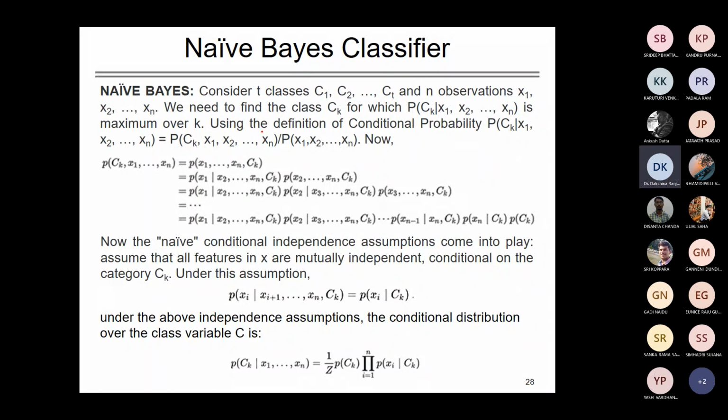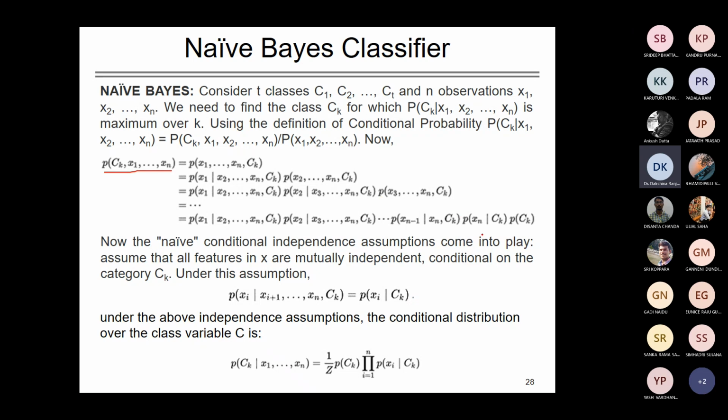Using the definition of conditional probability, we can write this conditional probability in terms of marginal probabilities. Here we will get the individual marginal probability for t number of classes.